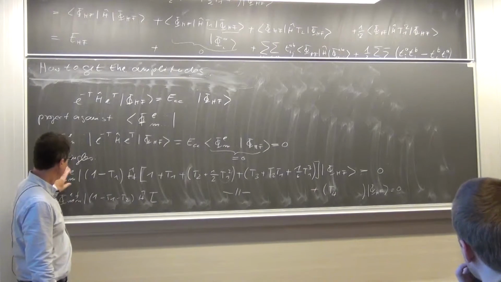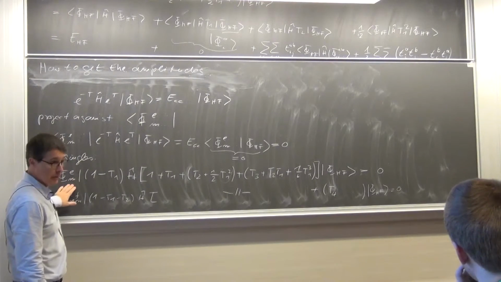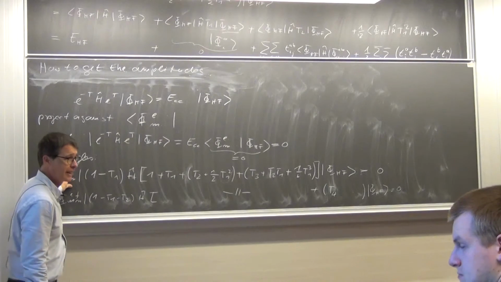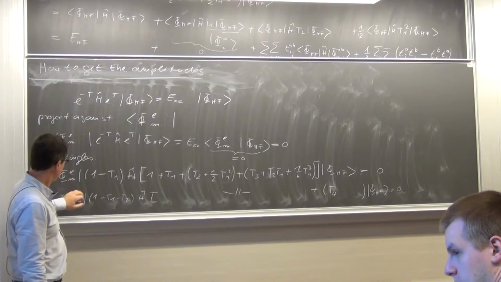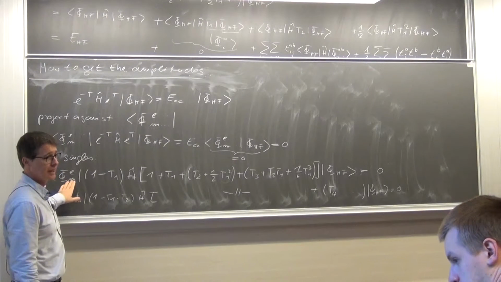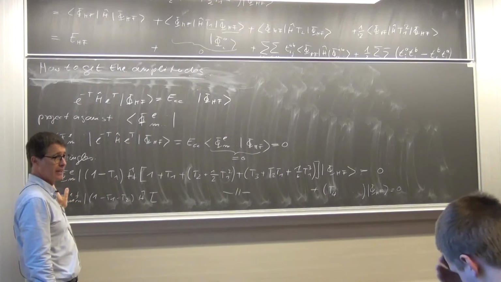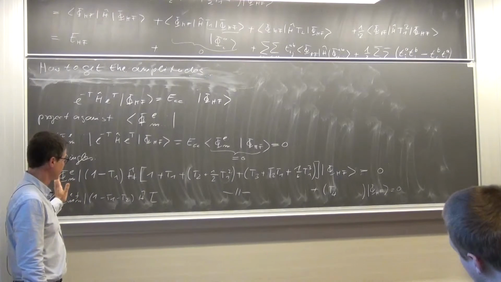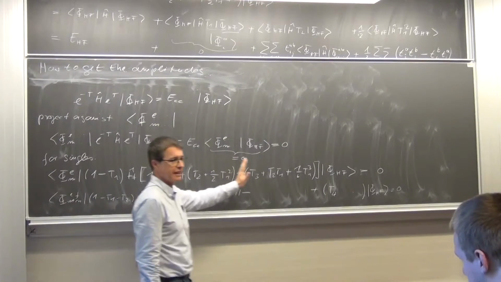Because this equation here, that is one equation. Because I come with one determinant, and I can write that equation in a way that I have the amplitude for this determinant standing on the left. I think Frank has the expression in the book, but it's too long to write. And then I have something standing on the right-hand side.